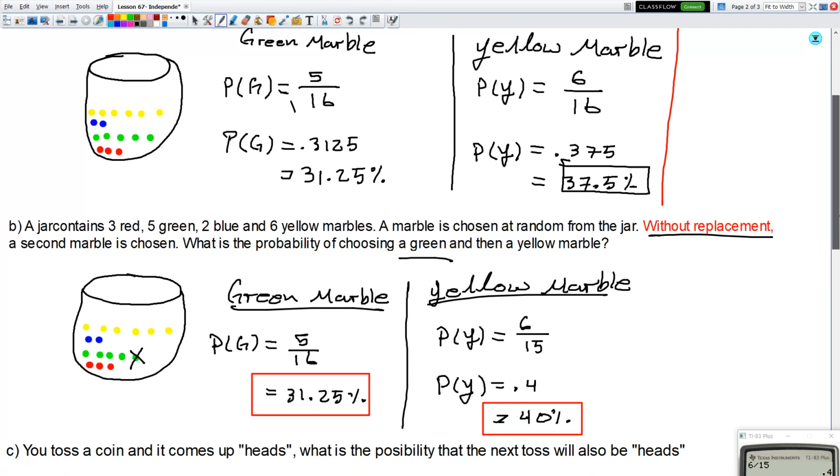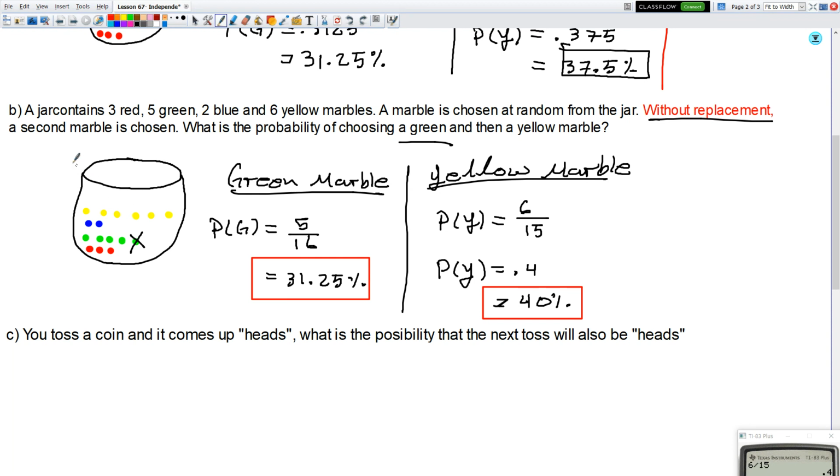But if we look at example B, it's a little bit different here, because now you initially had 16 marbles. So you choose a green one and you did not replace it. So now notice that the first event, which was you choosing the green marble, had an effect on the second event because you took one out.